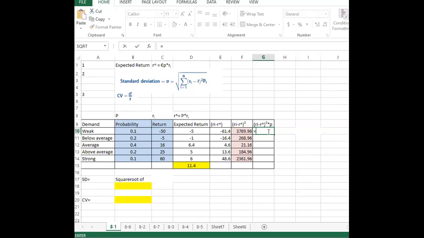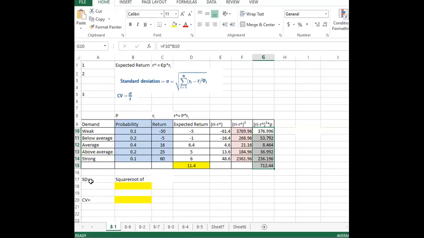So F10 multiplied by probability. And what is the summation of it? 712.